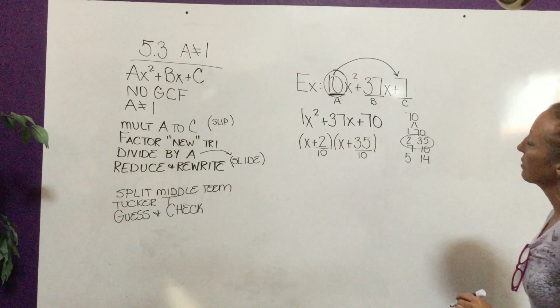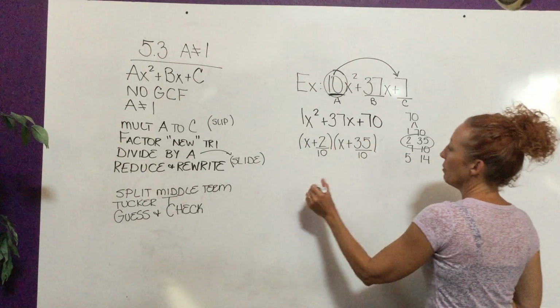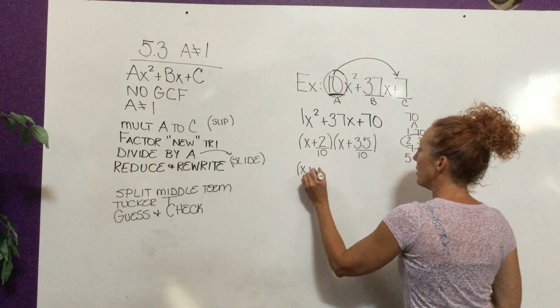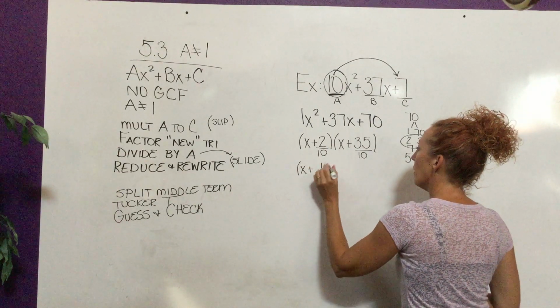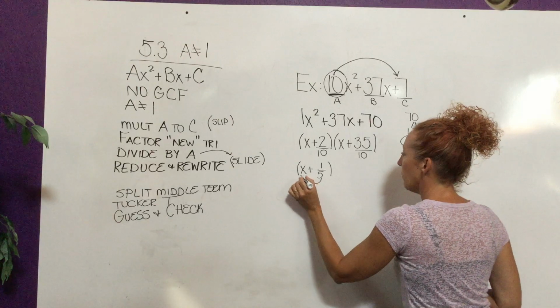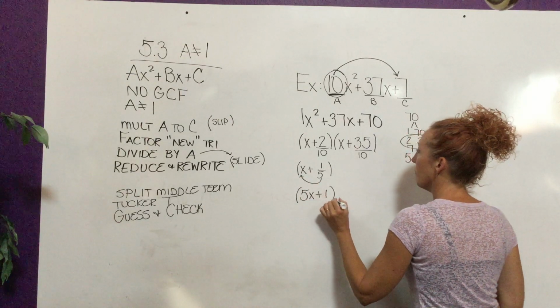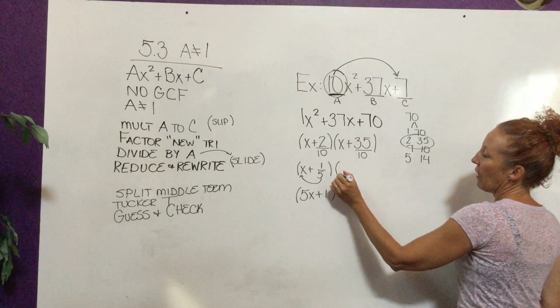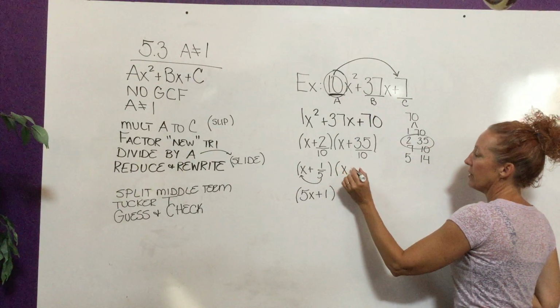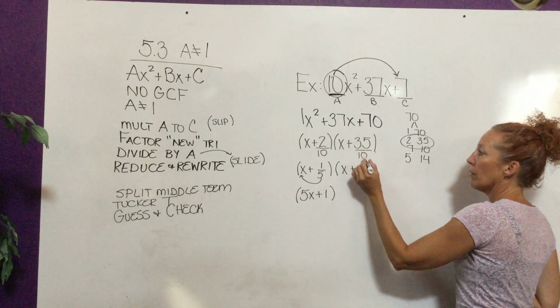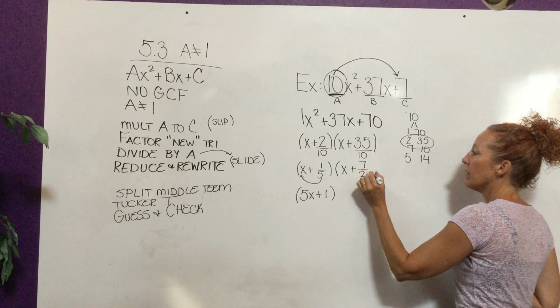And then we're going to reduce and rewrite. So 2 over 10 reduces down to 1/5, and we're going to slip this 5 right there. 35 over 10 reduces down. I can take a 5 out of both of those, so 7/2.